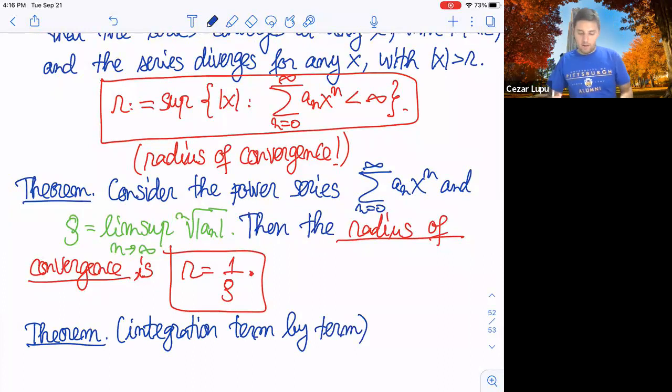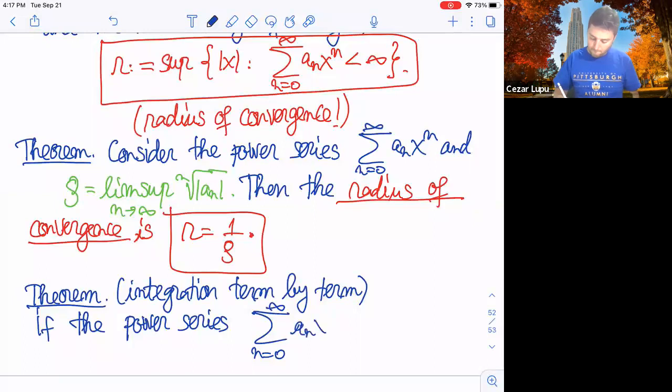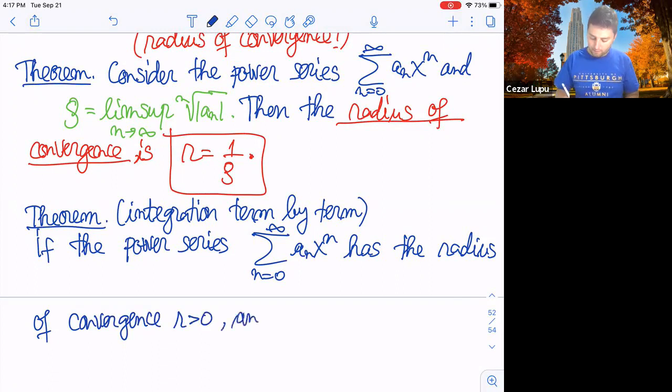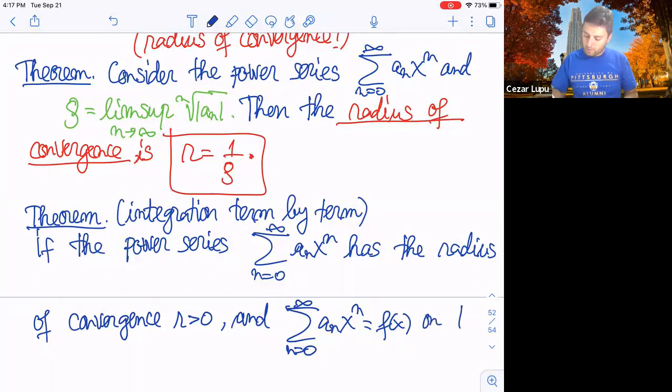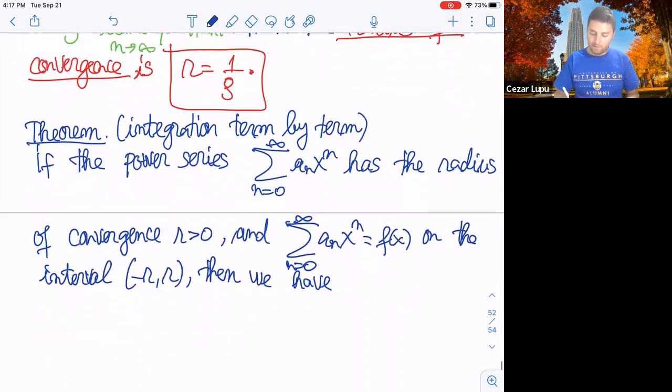We say that if the power series has radius of convergence r, which is positive, and if the sum of the power series is f of x on the interval for which x is less than r in absolute value, then we have the following.